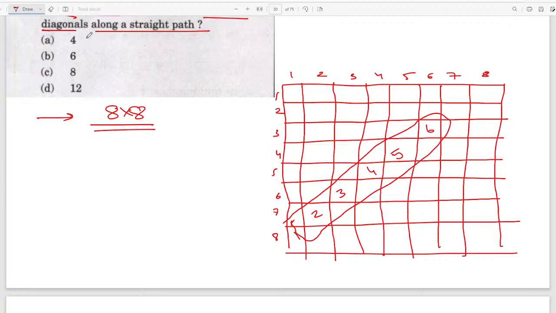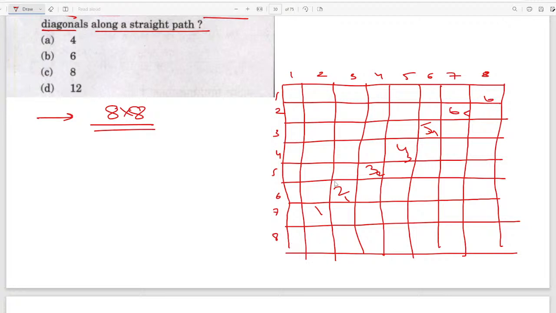Then the second set would be this one: 1, 2, 3, 4, 5, 6. This is the second set. The third would be from here: 1, 2, 3, 4, 5, and 6.